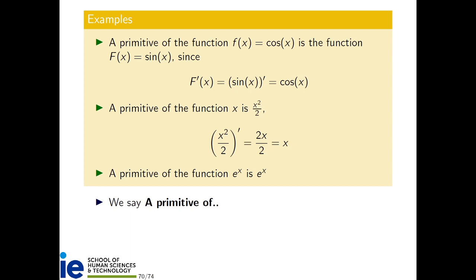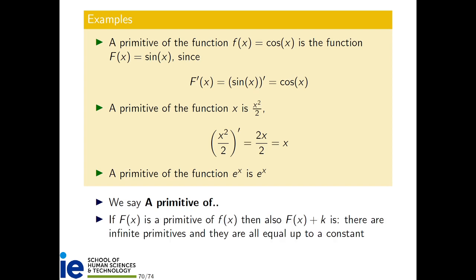But one thing I want to highlight from these examples is, as you will see, we always say a primitive of. On the other hand, when we compute derivative, we say the derivative of the function f is something. In all these examples that you read, we say a primitive of. Why?